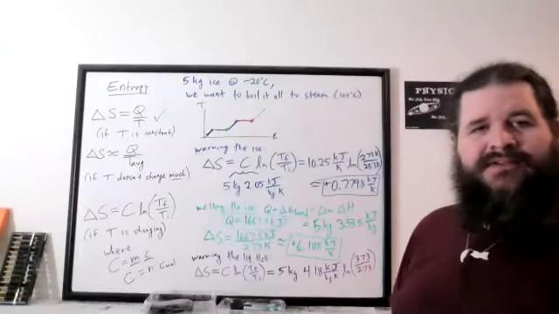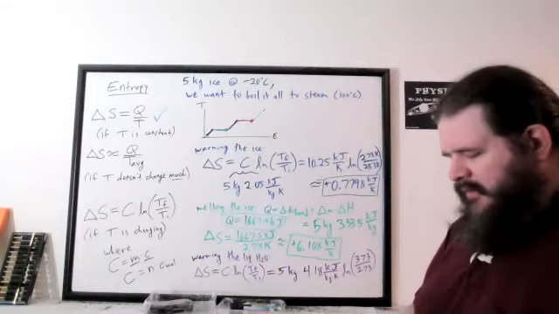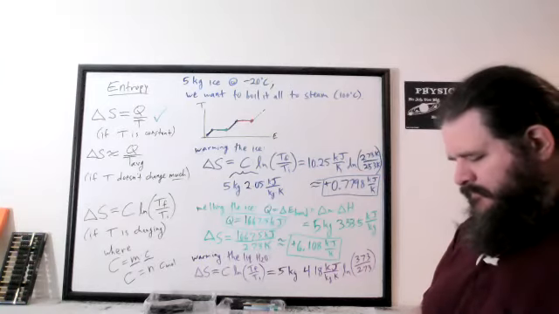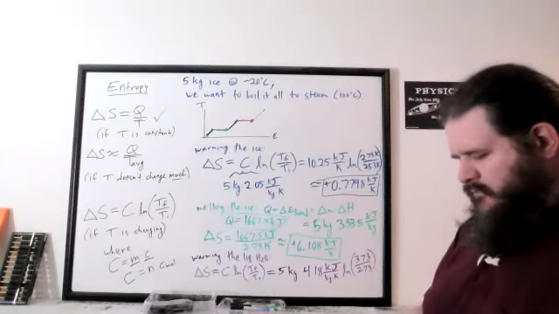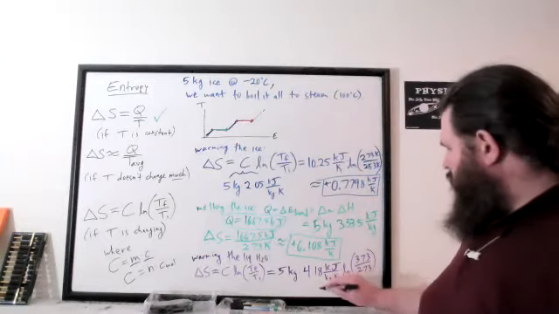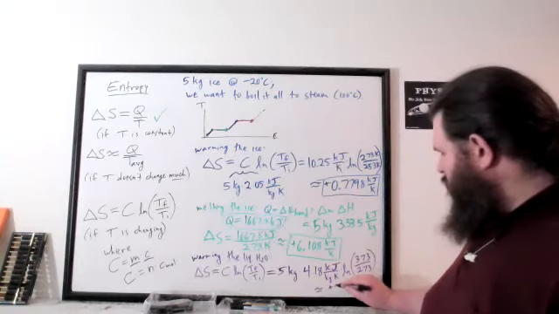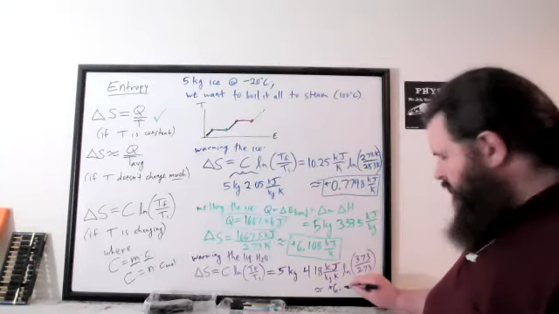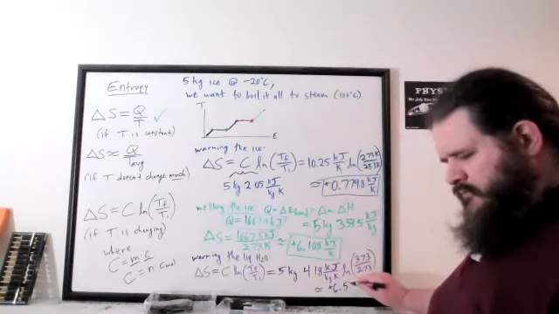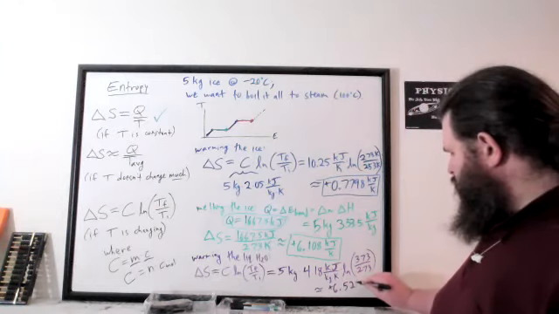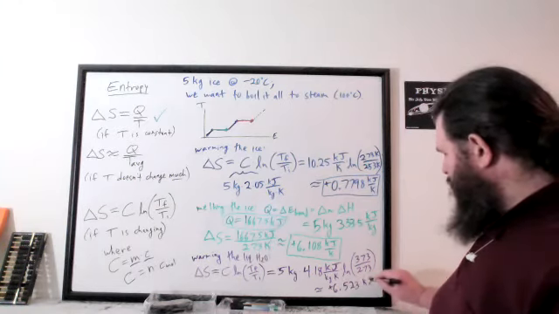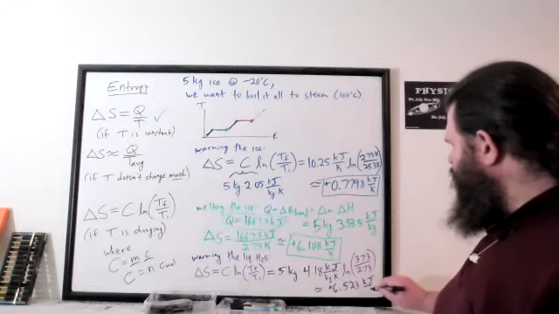And Kelvins are going to cancel out anyway. Punch that all into a calculator. And I'm getting about positive 6.523 kilojoules per Kelvin.